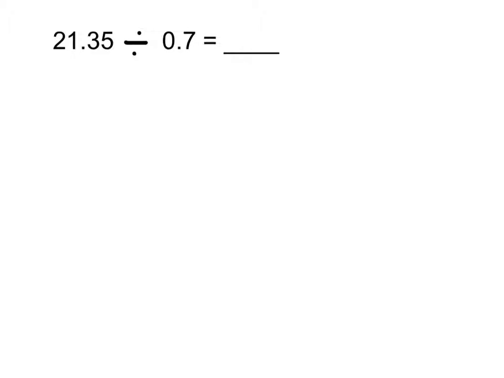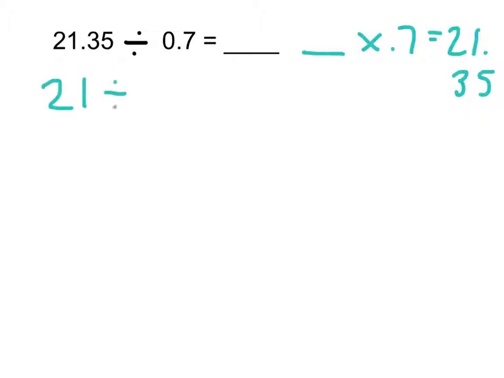Now I could try doing some reasoning with this problem. Of course I can always flip my problem around. I can do 0.7 times a number equals 21.35. And what I need to think to myself is, okay, well, let's say I'm rounding this to about 21.